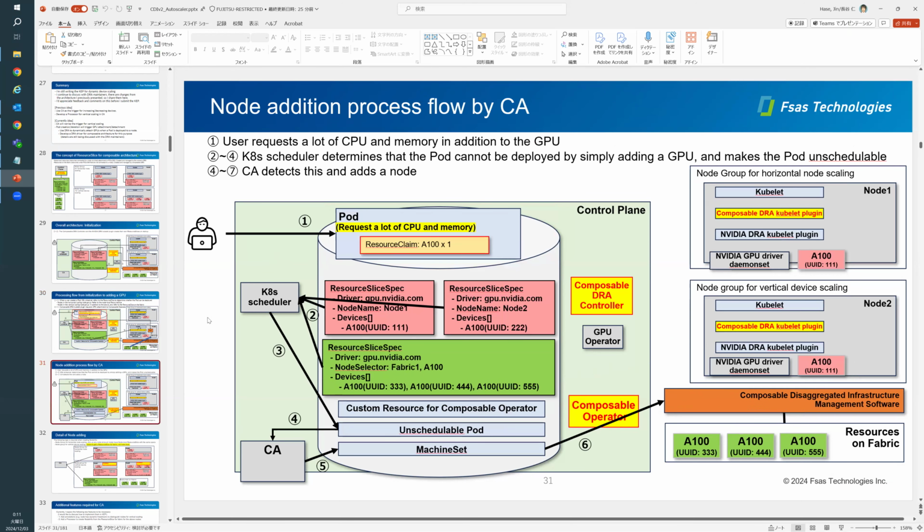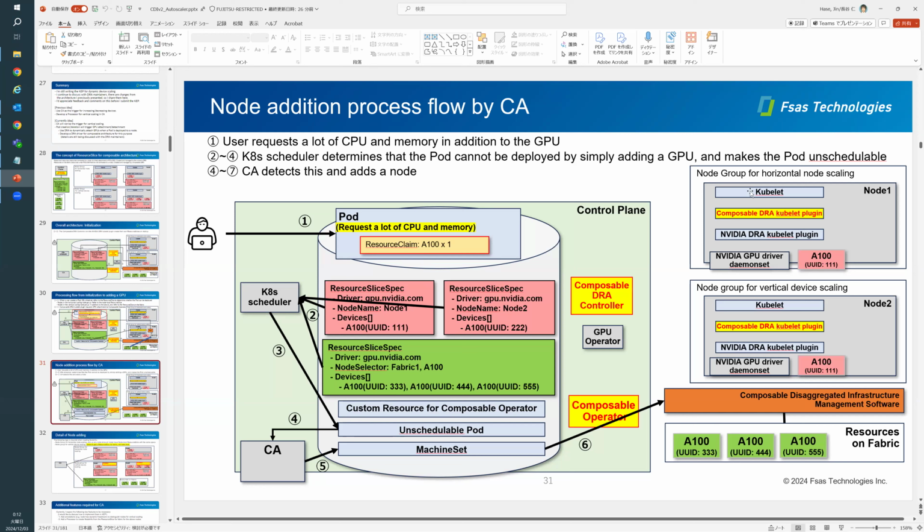If the user requests a lot of CPU and memory in addition to the GPU, and the node does not have enough CPU and memory, the scheduler makes the pod unschedulable, and then the autoscaler needs to consider which node should be added.